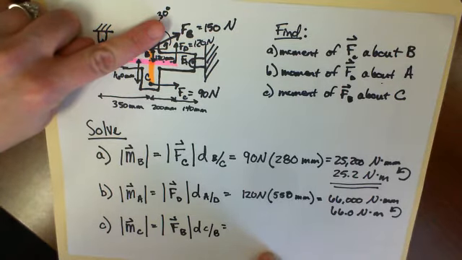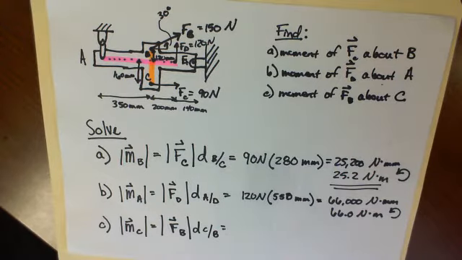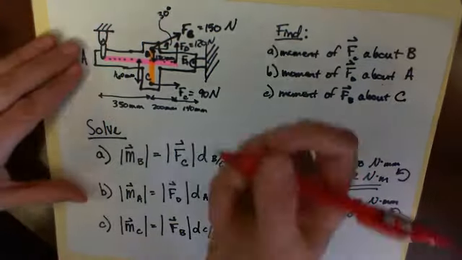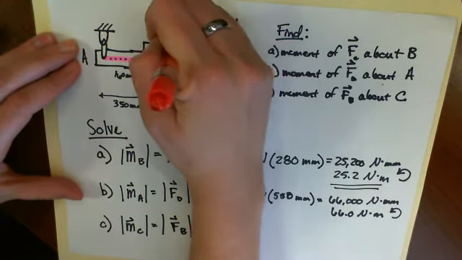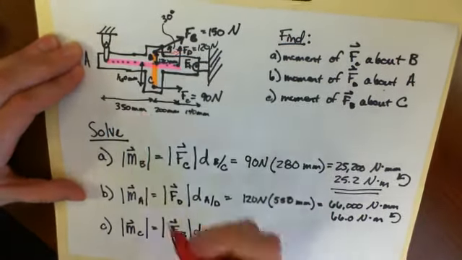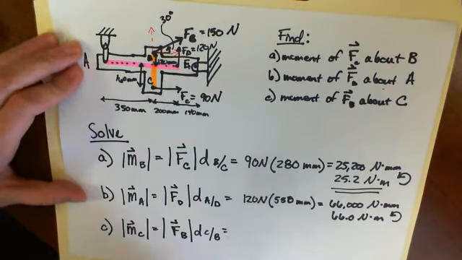If we were to take that force and look at the components of that force, we have the component that will go in the X direction and the component that will go in the Y direction.